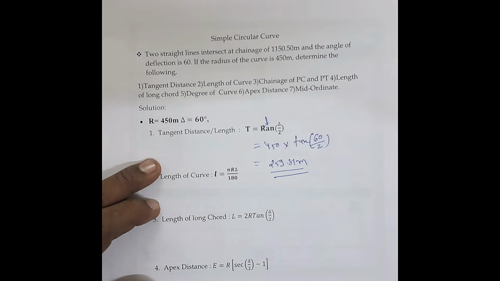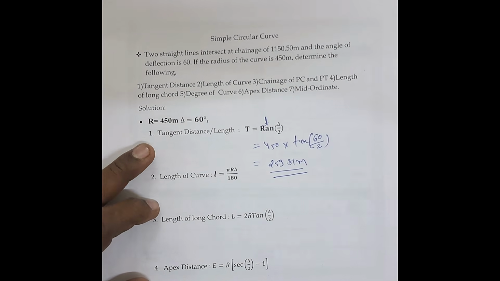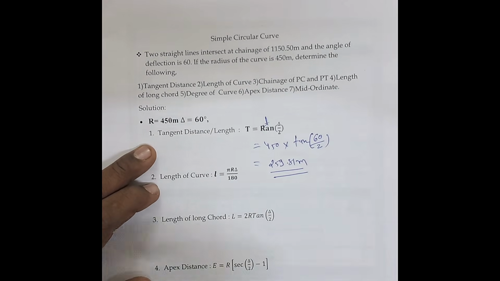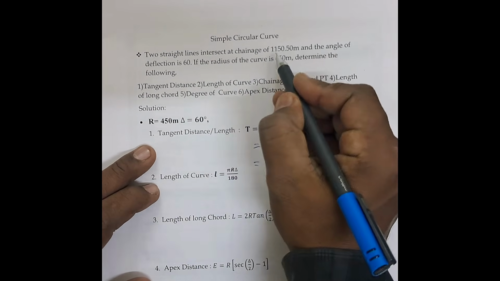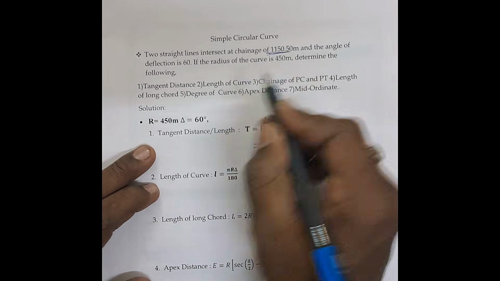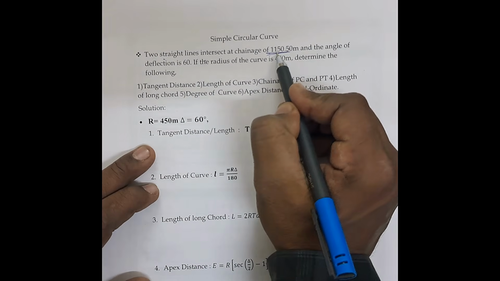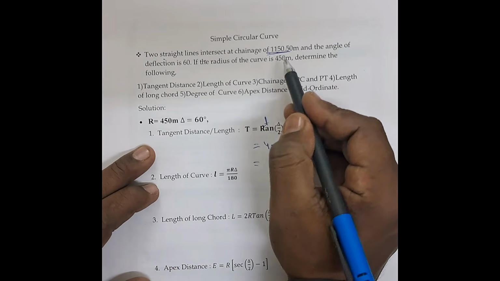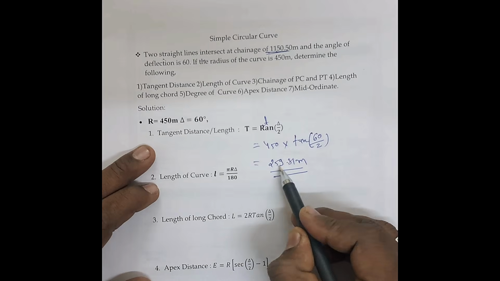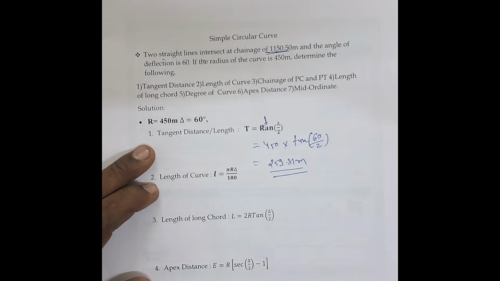Okay, that is the distance from where our curve just begins. That is the meaning of the distance from the point of intersection, where our two straight lines meet, to the start of the curve: 259.81 meter.